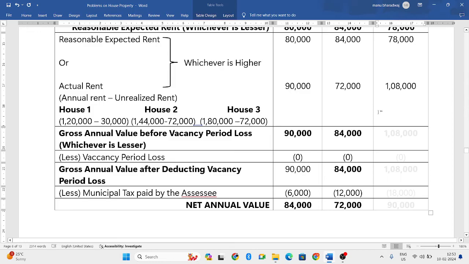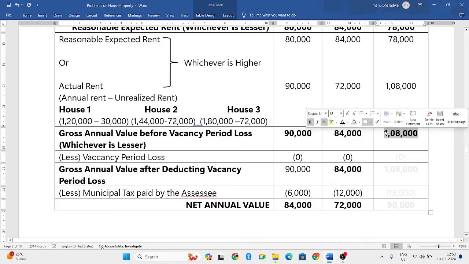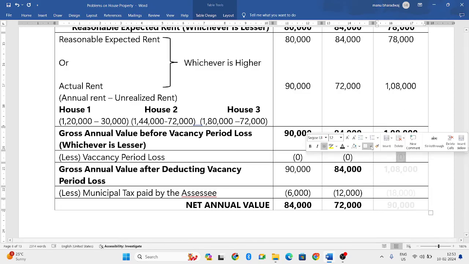That is our actual rent. Out of these two, whichever is higher, 78,000 and 1,08,000, 1,08,000 is higher. So that will be considered as gross annual value before deducting vacancy period loss. From that, we have to reduce vacancy period loss.